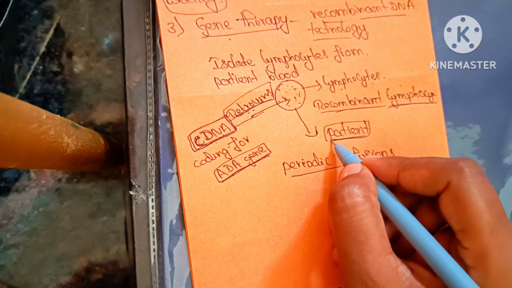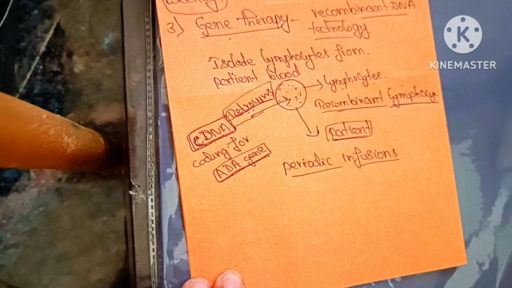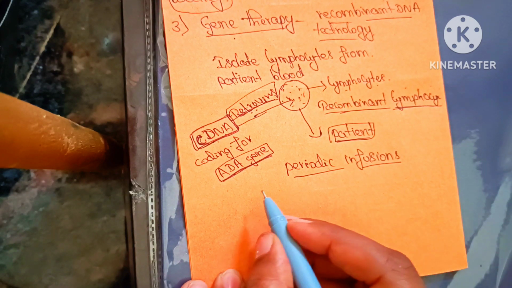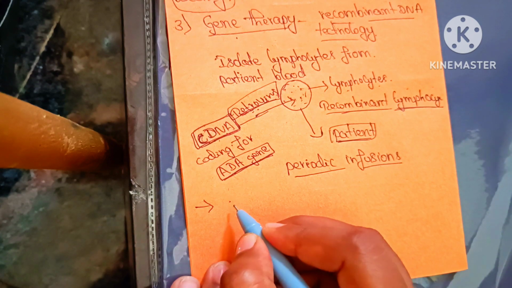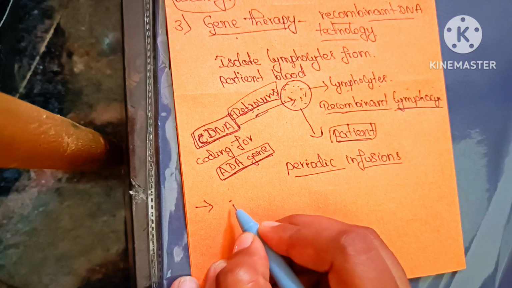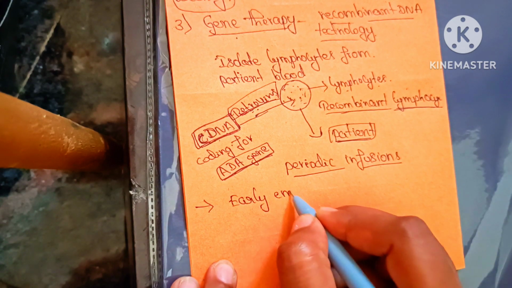Now you may ask the question, is there no permanent cure for this condition? Yes, of course there is a permanent cure for SCID if the condition is diagnosed in the early embryonic stage.